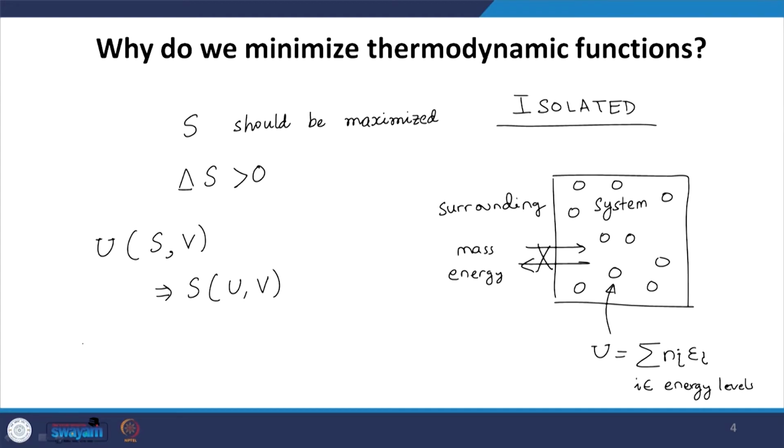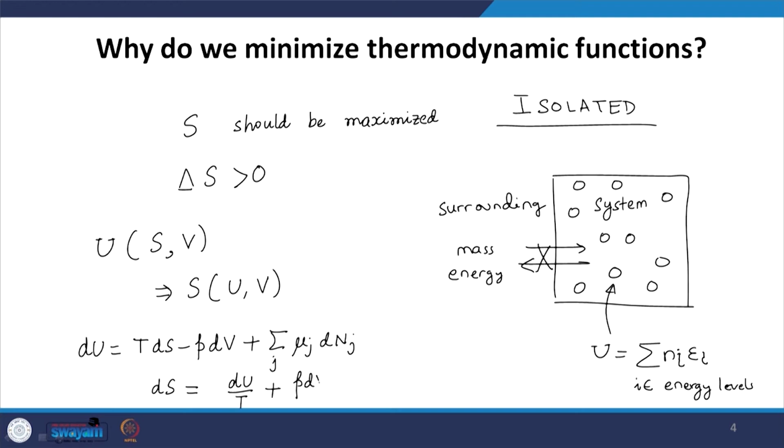Why did I write this? Just like I wrote dU as TdS minus PdV plus sum over mu j dNj, I can also write this expression by moving dS to the other side and dU to the right hand side. So, what you will have is dS is dU by T plus PdV by T minus sum over mu j dNj by T. Whatever we had here was for a one component system.